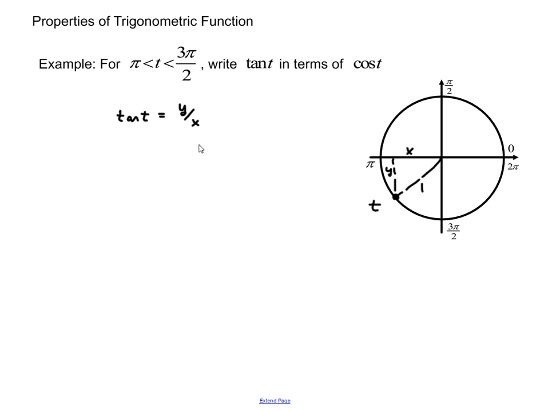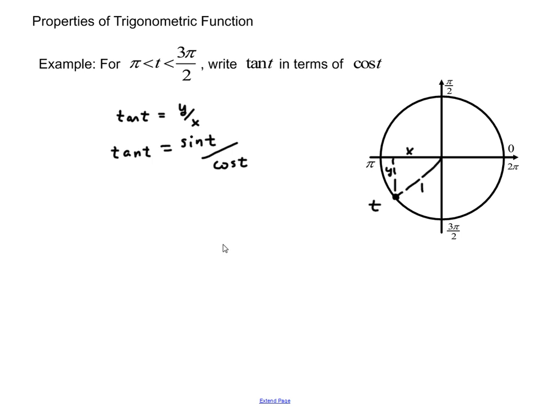Well, we know that y is the sine of the angle t, and x is equal to the cosine of the angle t. All right, so well, we've got it partly in terms of cosine of t, but we need to handle this business with sine of t. So what could we do?